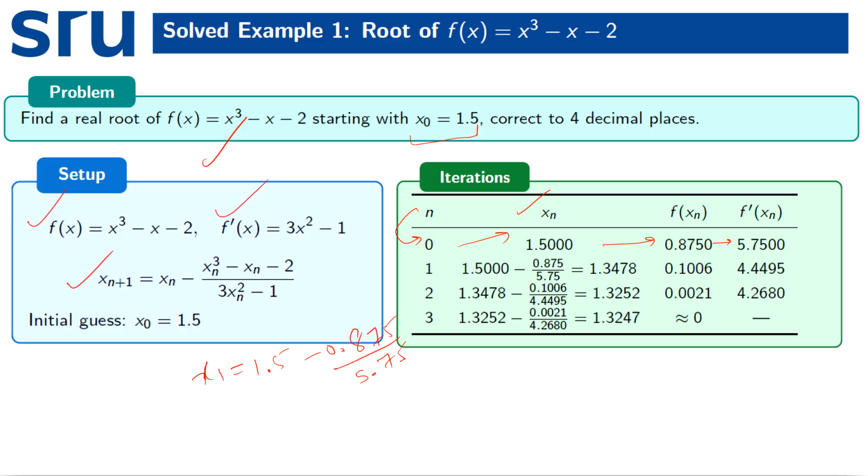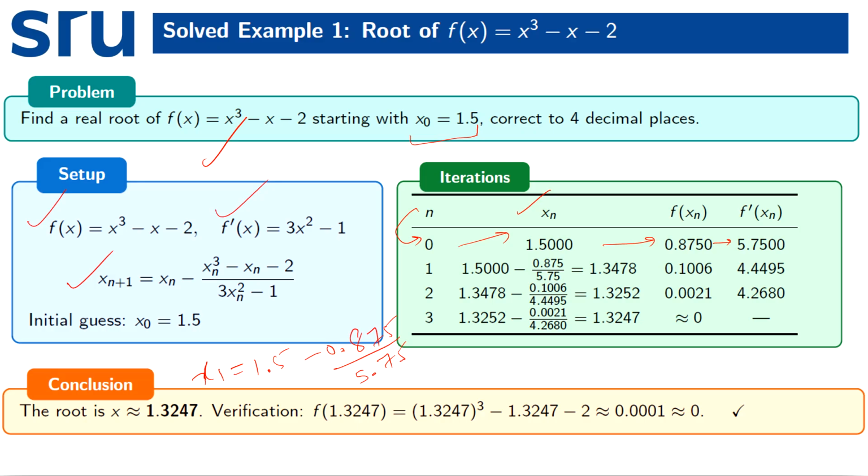So we calculated the iteration x_1, and that value comes out to be 1.3478. So that is your value x_1.